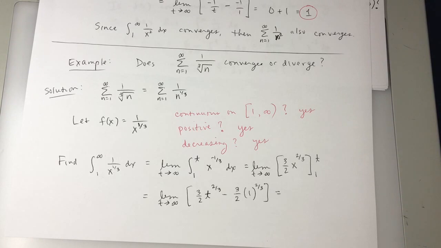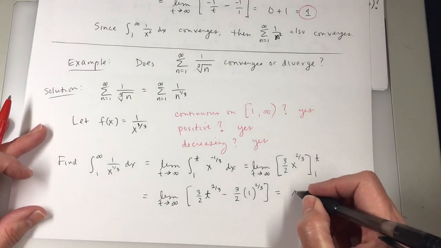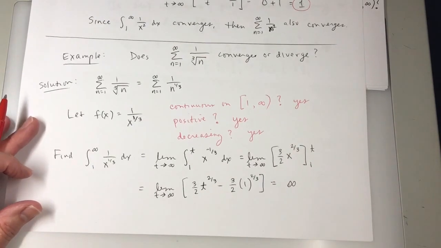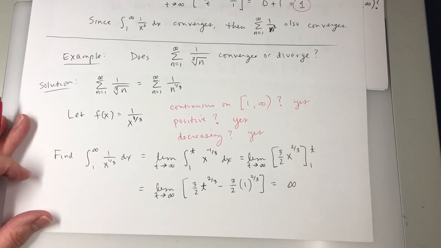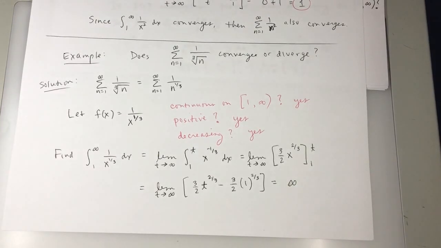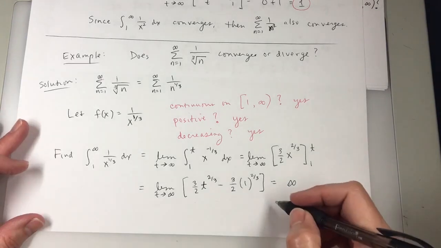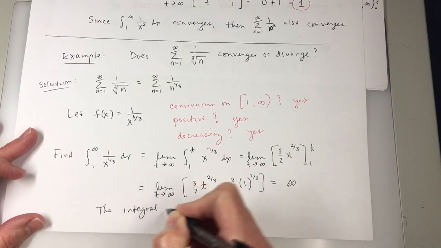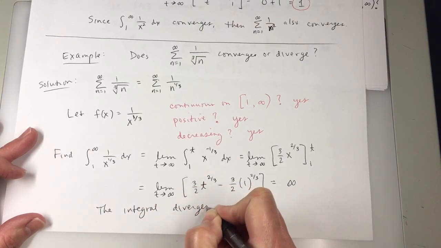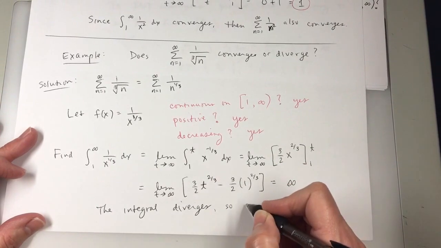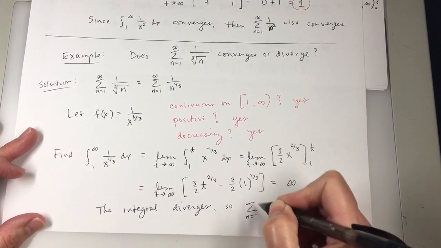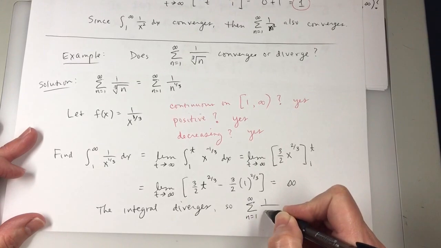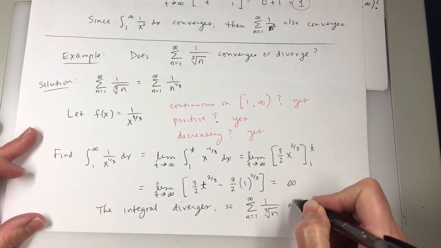Infinity minus 3/2, infinity. I wrote equals infinity. Now, technically, I should maybe just say, what? Diverges. The integral diverges. So, what about the series? It also diverges.